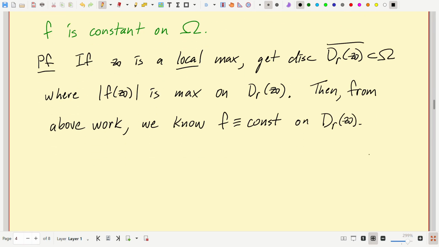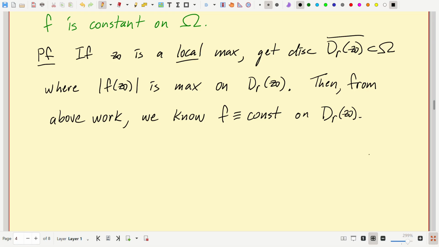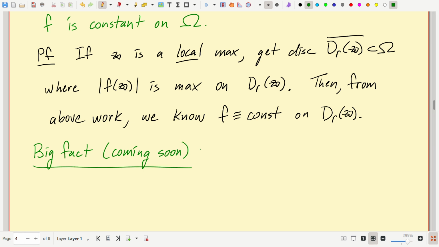And to finish it off, a big fact for later, coming soon: if an analytic function vanishes on a little disk, it has to vanish on the whole domain. That's a fact. And so if it's constant on a little disk, it has to be constant on the whole domain. Just think about f minus the constant.